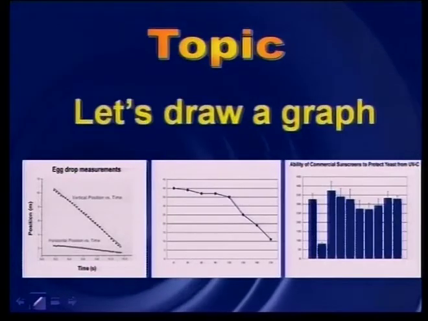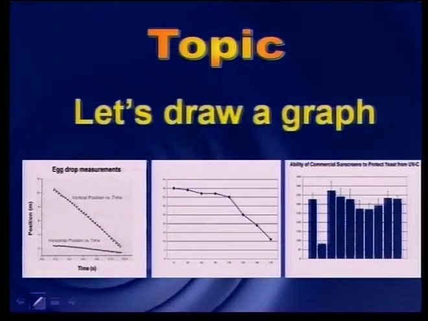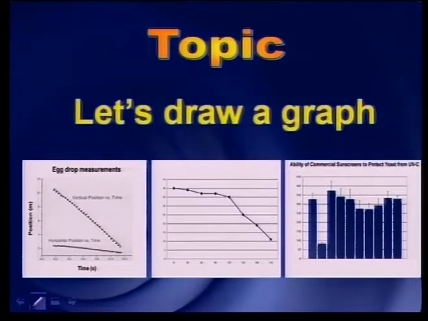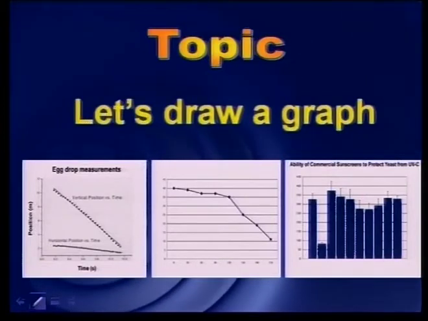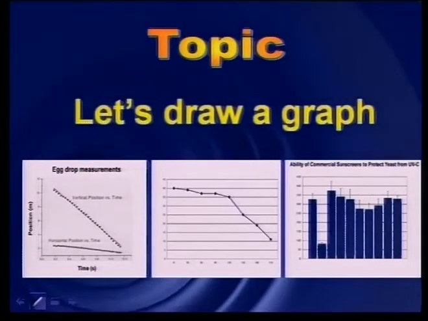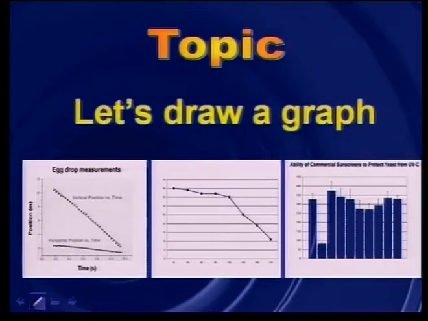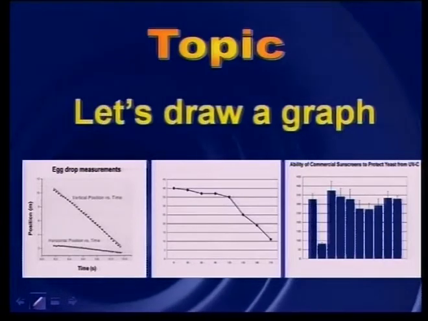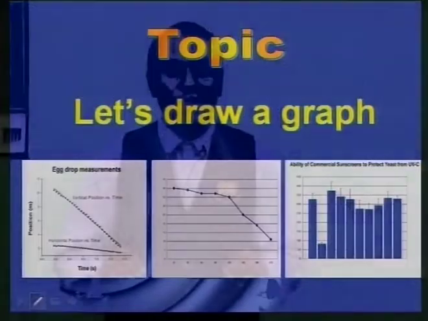Today's topic we will be looking at drawing graphs. So our topic for today will be let's draw a graph. We are going to be using the information which we collected from last time. You remember the information that you collected, and we will use that information to draw a graph.